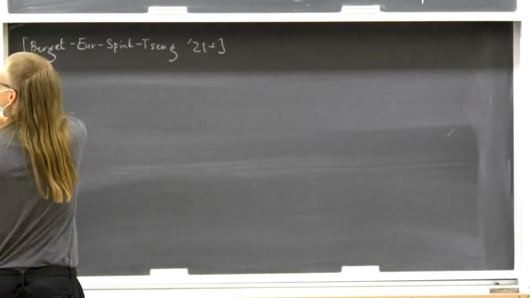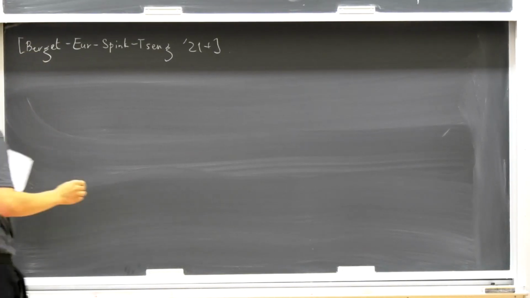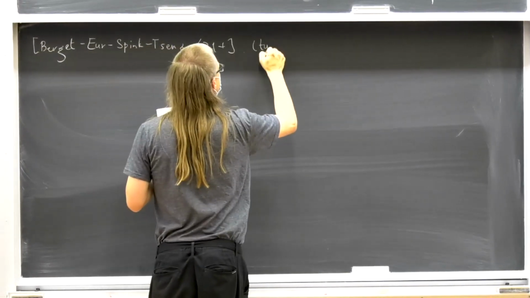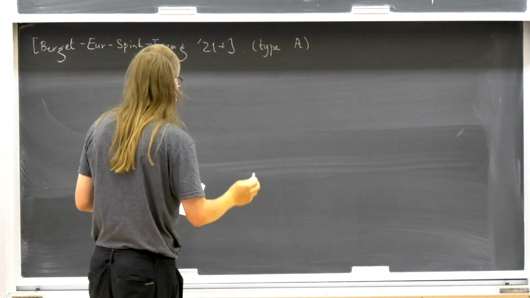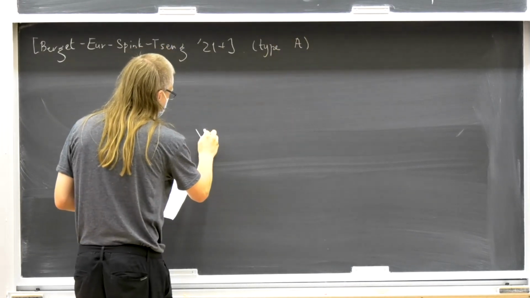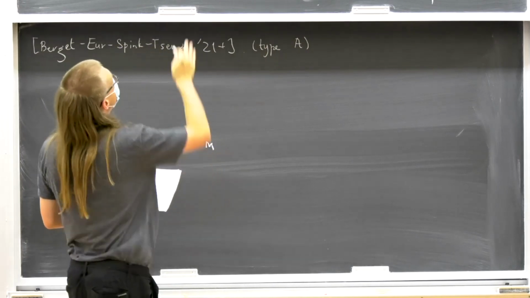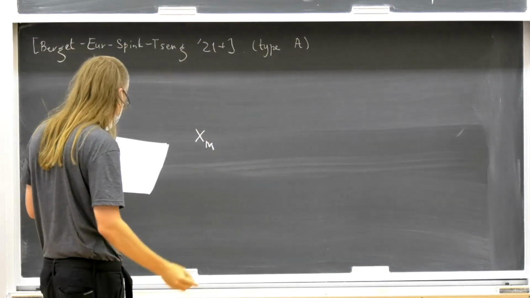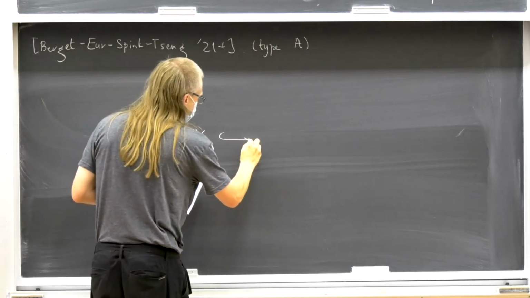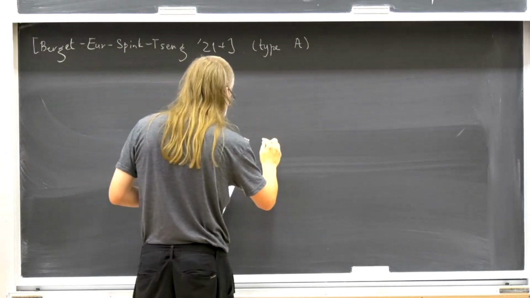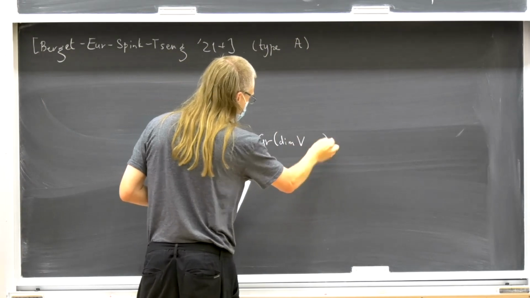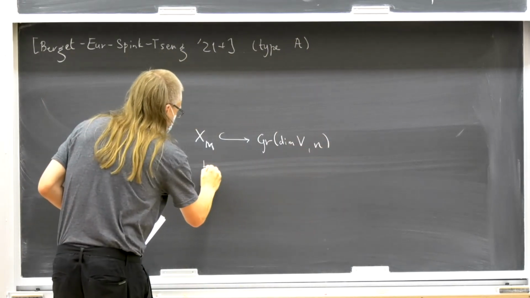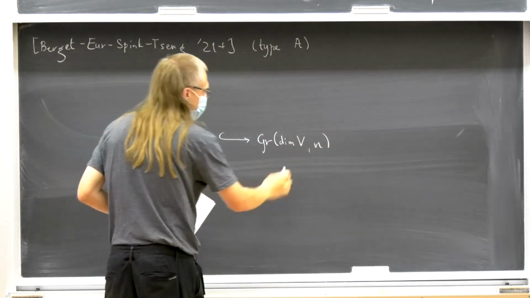So let's say I have a representable matroid still. This is back in type A. All right, well, I can take the toric variety of my matroid, of my polytope, and that embeds in the Grassmannian in the following way. Well, V represents one of the points in this Grassmannian.